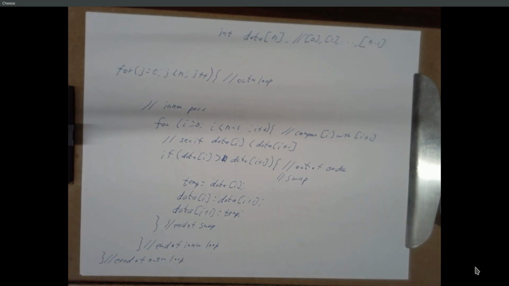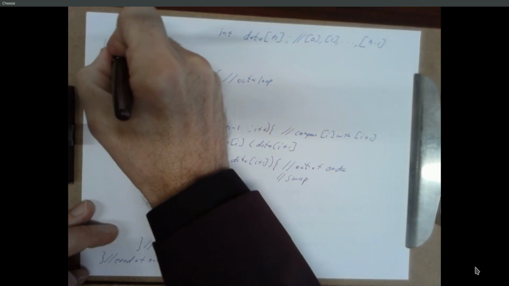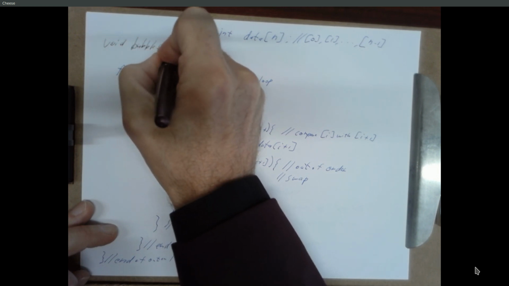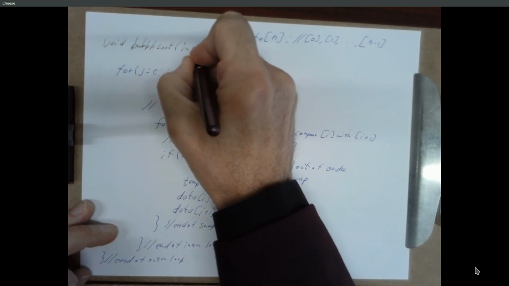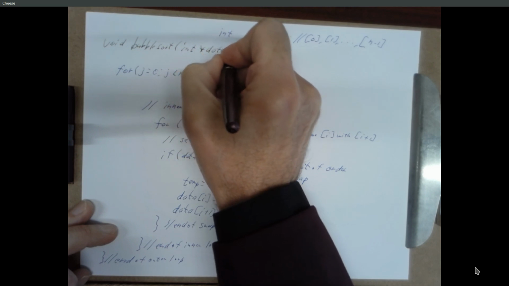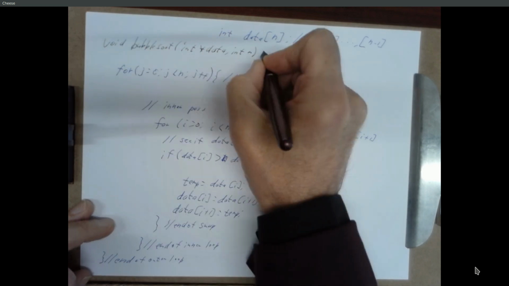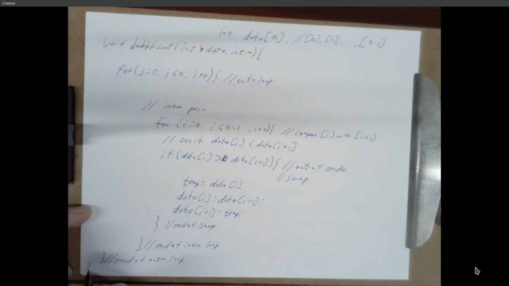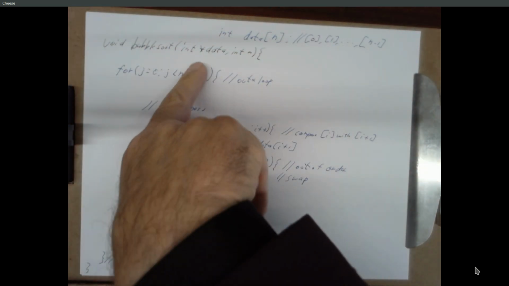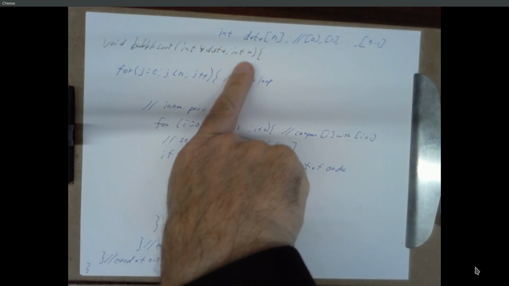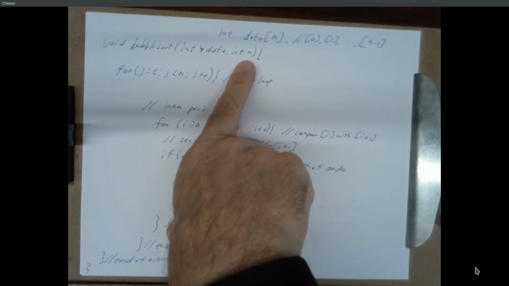And if you wanted to make this a function, right, so pass it the array of data, that's an integer star, and pass it how many pieces of data are in that array, that's what n is.